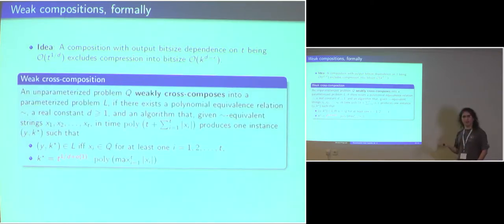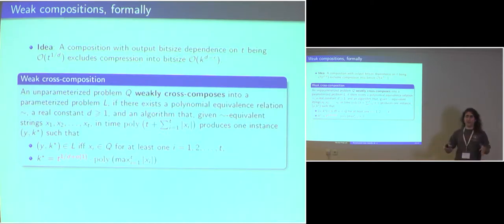This is exactly the same as our composition, just with this red component substituted. So I say that an unparameterized problem Q weakly cross-composes to my target problem L if I can find a polynomial equivalence relation, a real constant d, yes?